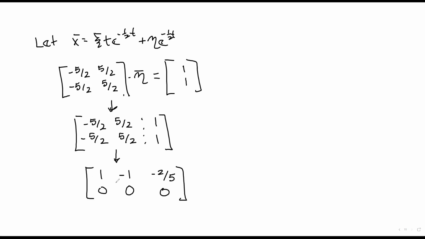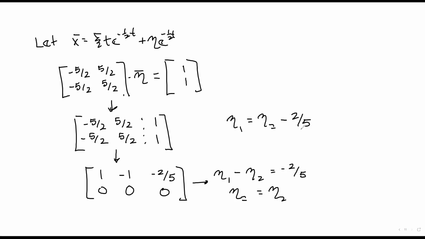Okay. And then once you've done that, now you can go through and translate this back to a system. We've got eta 1 minus eta 2 equals negative 2/5. And we're going to have eta 2 equals eta 2. And then from that, we can go through and say eta 1 equals eta 2 minus 2/5.